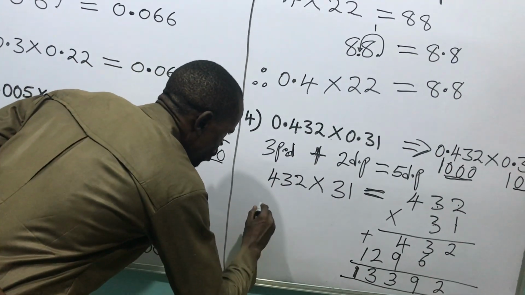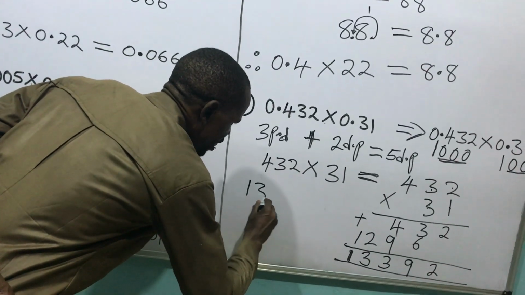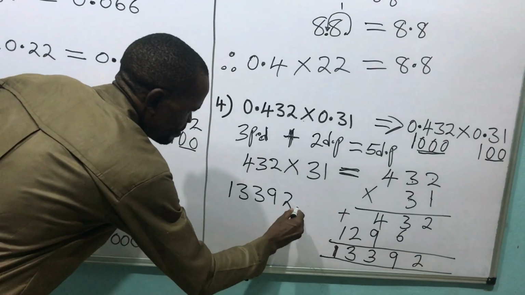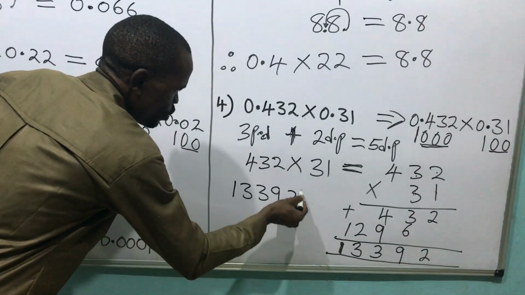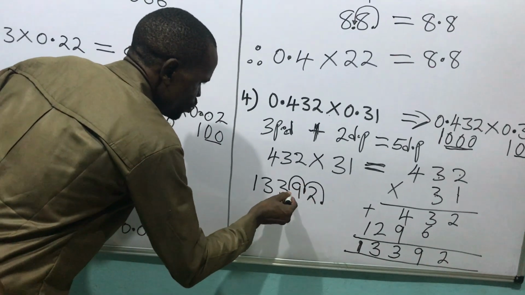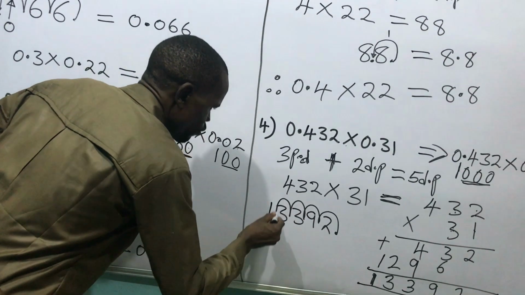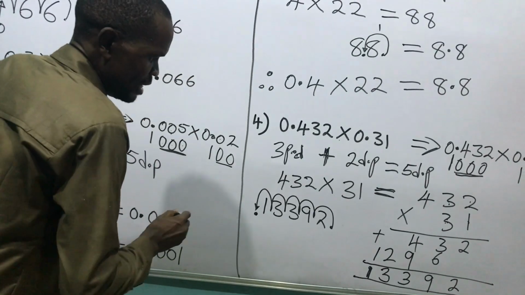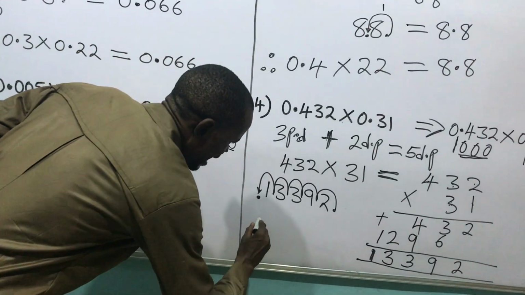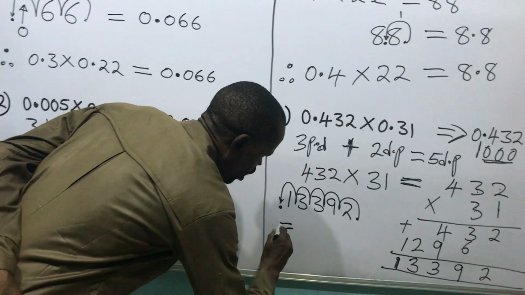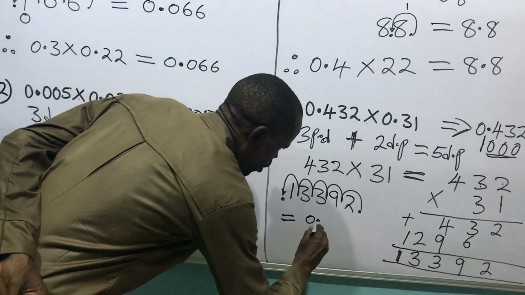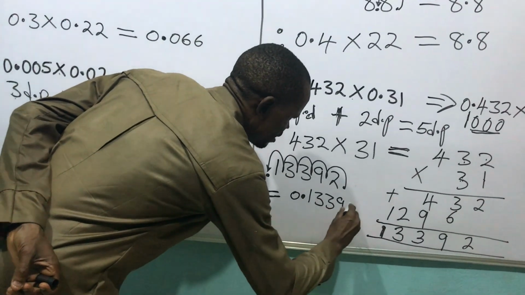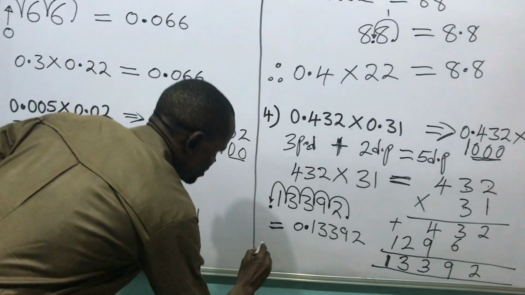Looking at 13392, I count 1, 2, 3, 4, and 5, so my point will be here. That implies this is equal to 0.13392.